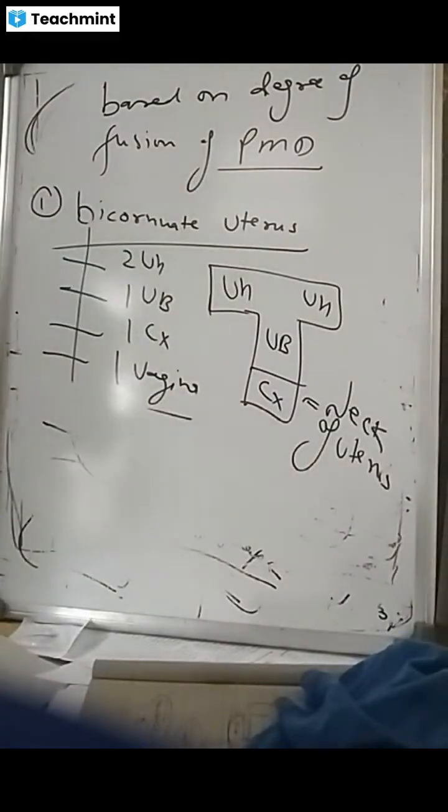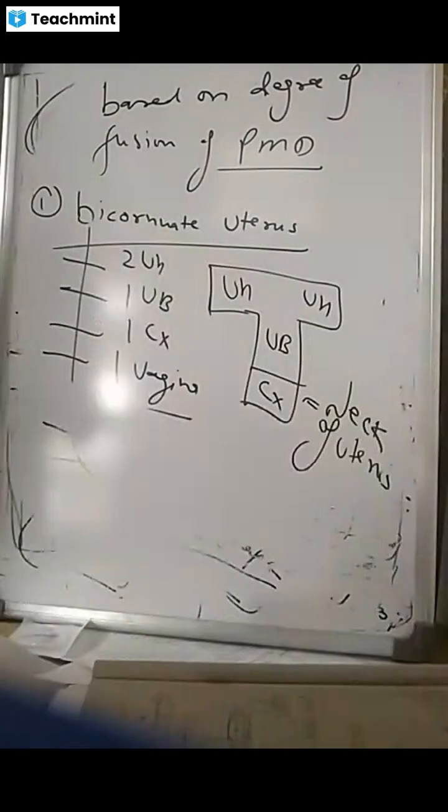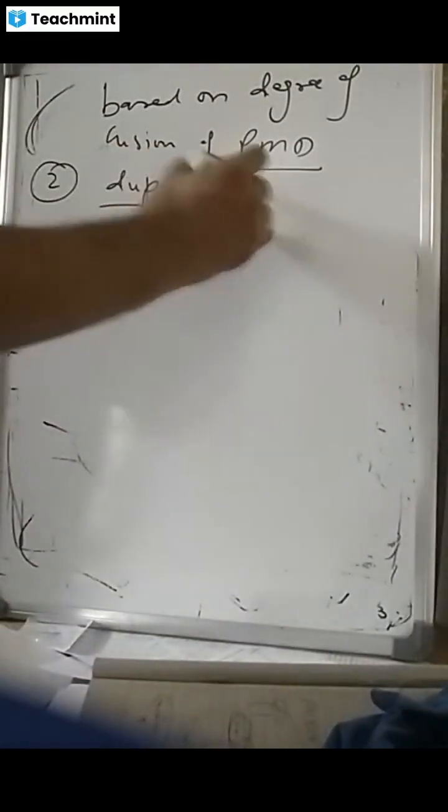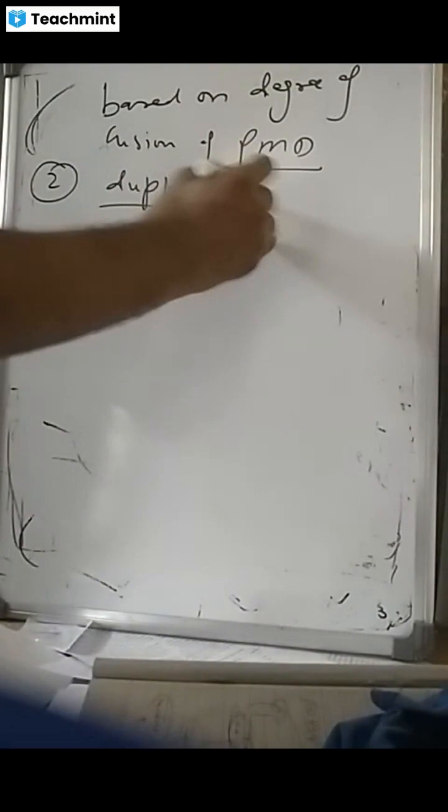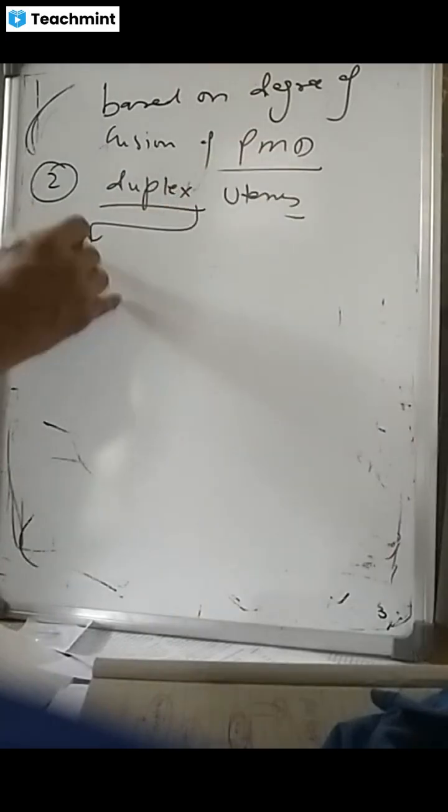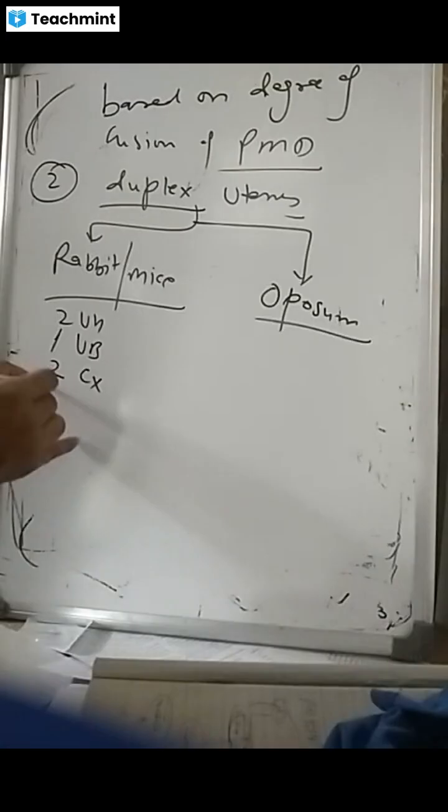This is the bicornuate uterus. Second, the duplex uterus, where two uterus and two vaginas are present.